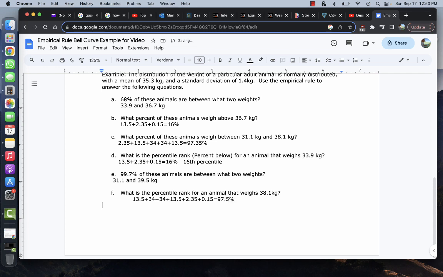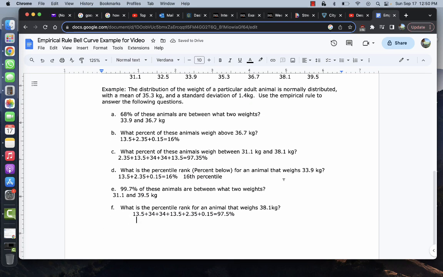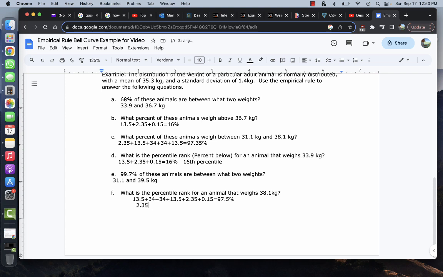Or another way to do it is to add the percentages above, because there are a lot of percentages below and it's easier to add these two numbers. So 2.35 plus 0.15. That's 2.5%. Then 100 minus 2.5%. And voila, it's the same answer, because they're two different methods to get the same answer.